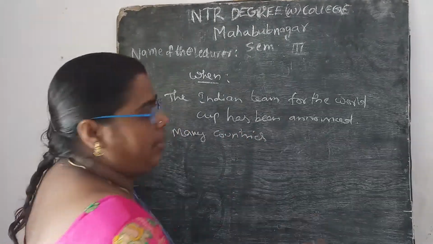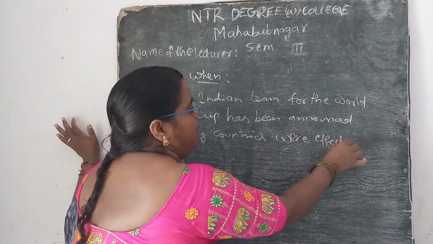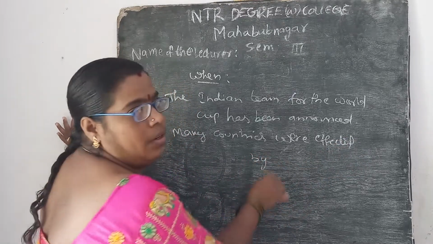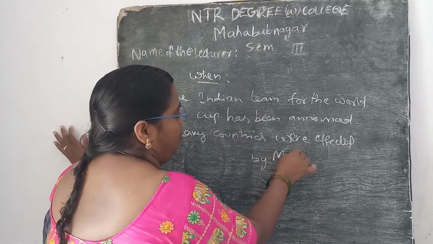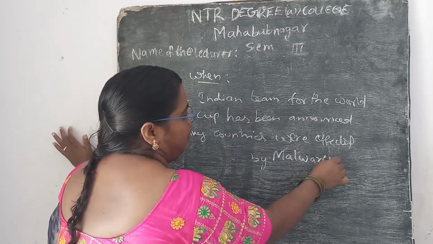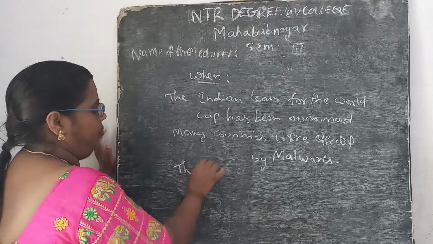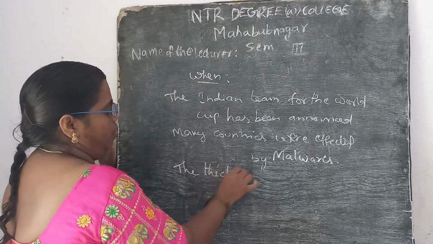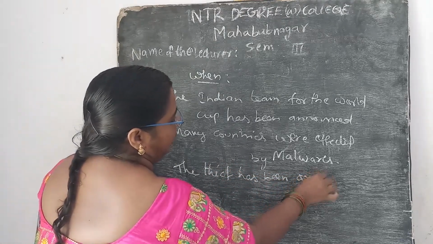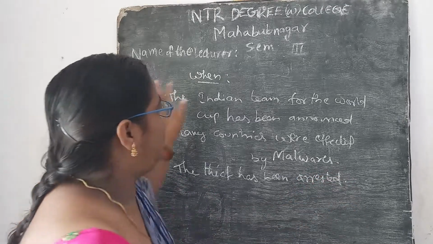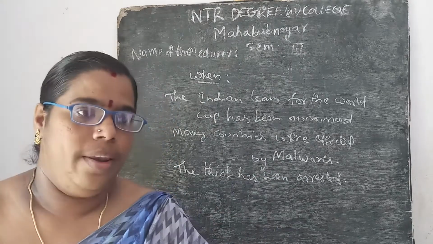Then lastly, the thief has been arrested. So you see when you are going to use the passive voice, when the agent of the action, the doer, is unknown or irrelevant.